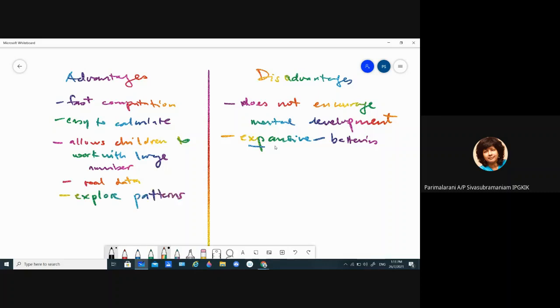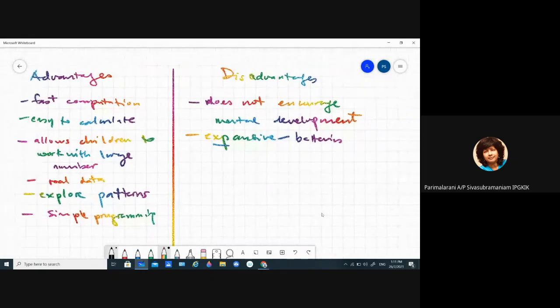And it introduces children to simple programming. How does it introduce children to simple programming? I'll show you this later. And then it introduces children to decimals and so on.